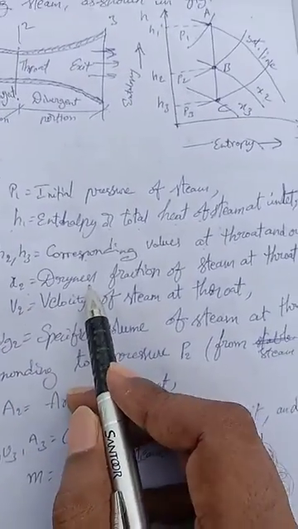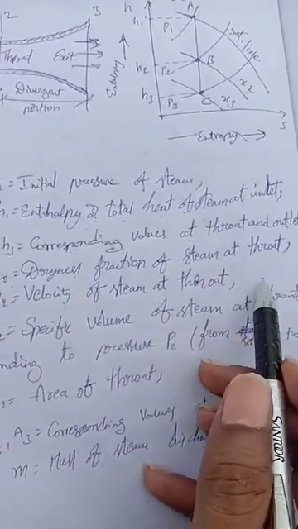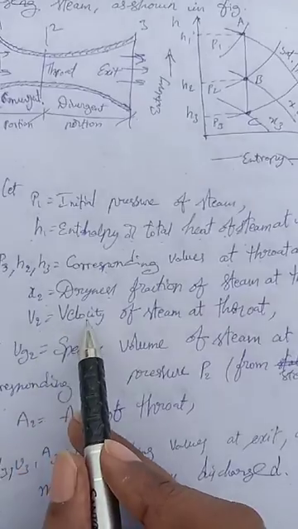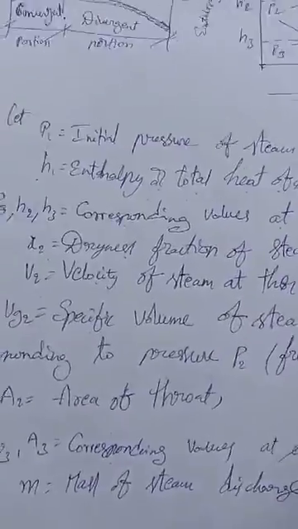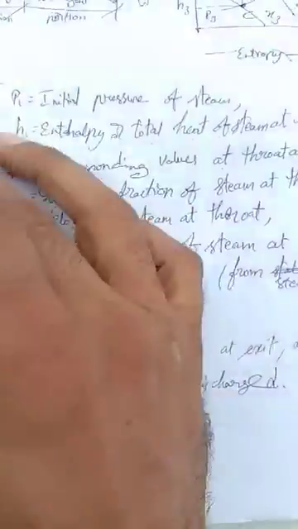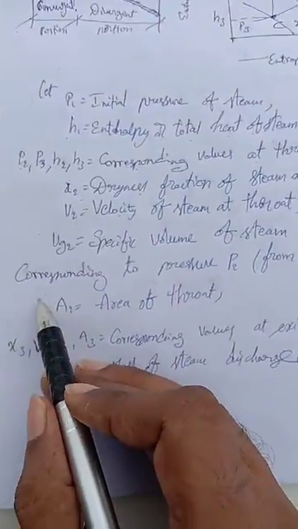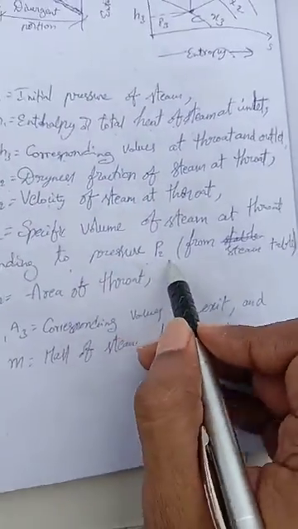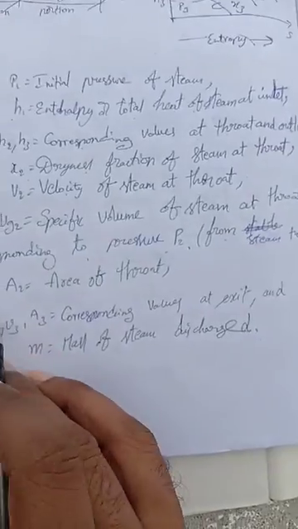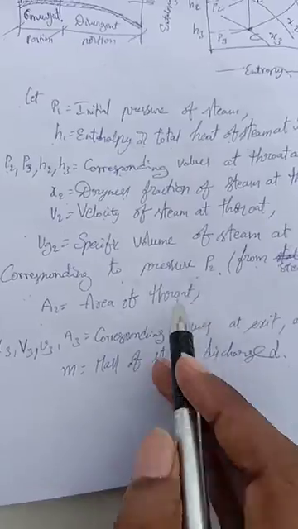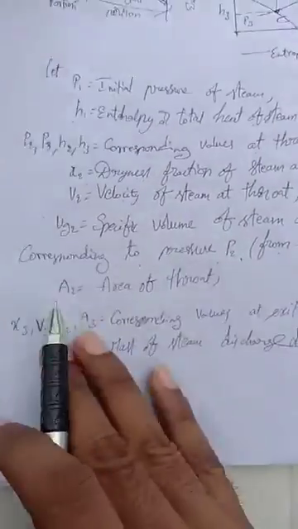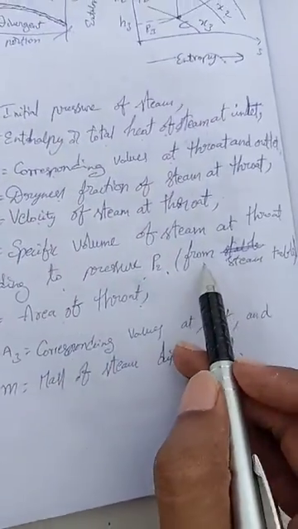X2 is equal to drainage fraction of steam at throat. V2 is equal to velocity of steam at throat. Okay, and now here A2 is equal to area of throat corresponding to pressure P2 from steam tables.